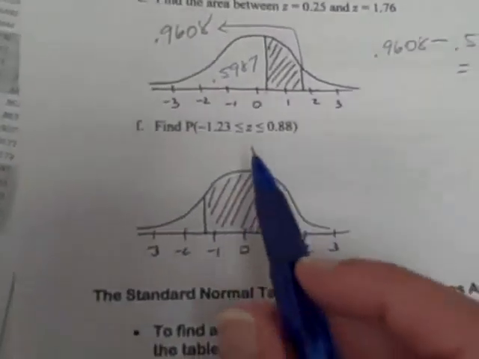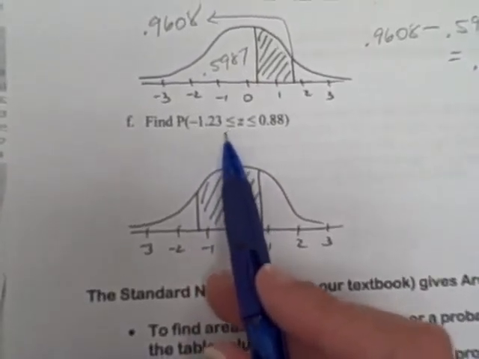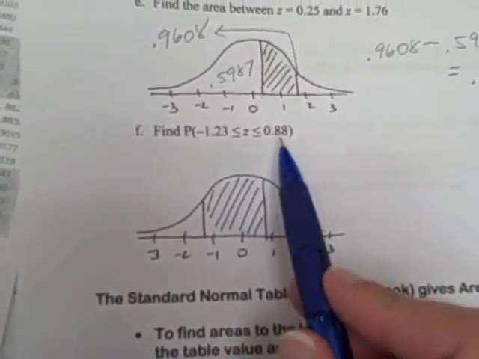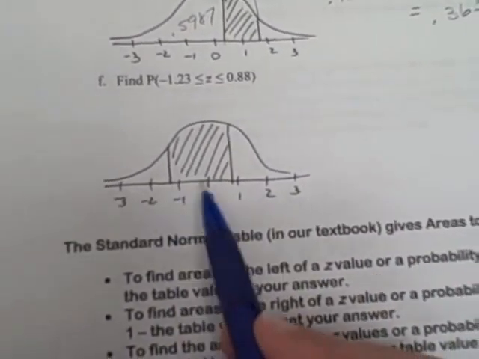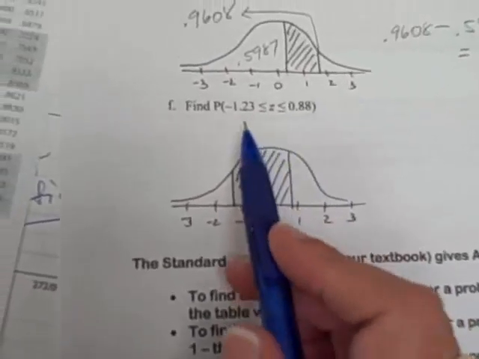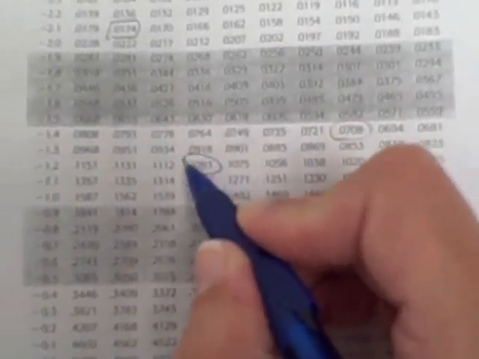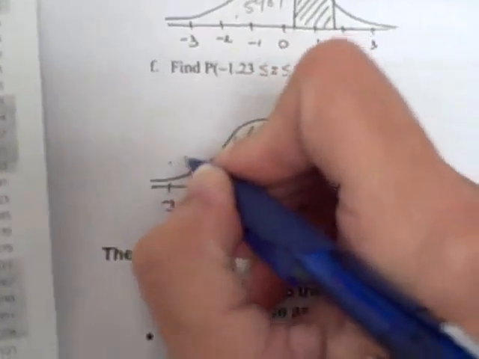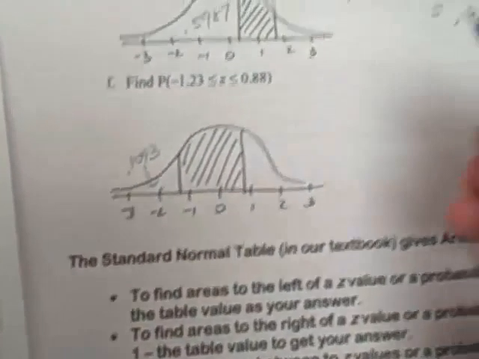Now, a between is written as a compound inequality. We want the probability that negative 1.23 is less than or equal to Z is less than or equal to 0.88. Okay, so that's between negative 1.23 and 0.88. When I look up negative 1.23, I get 0.1093. That's this area to the left, 0.1093. That's this white area. Okay. All right.